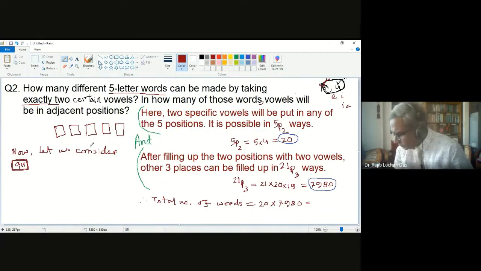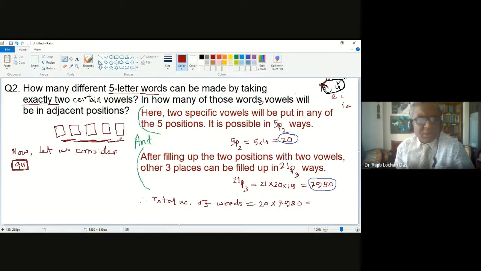Now, what will be this position? I mean, you can have A U together side by side, but is it the first two things, or the second two things, or the third two things, or the fourth two things? So where will it be placed? That is a question. Now again, you will consider this type of thing.